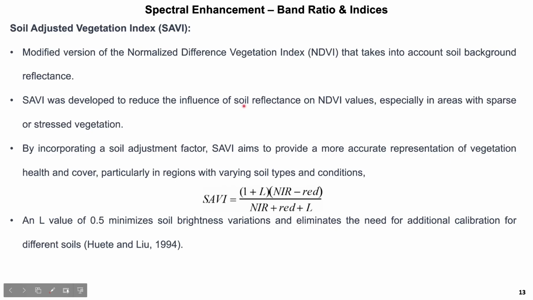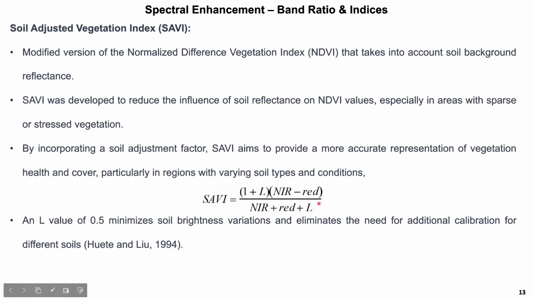So if your crop space is more, your soil also will be classified along with it when you try to separate this out. In order to make an adjustment, the soil adjusted vegetation index was brought out, and here they are adding a factor L in both the numerator and denominator.